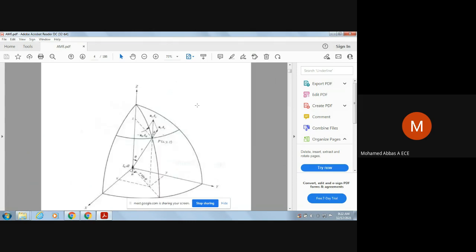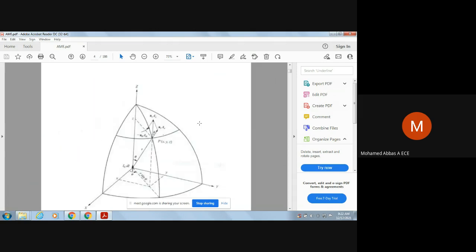Now we are going to analyze how the radiation will be from the Hertzian dipole. In order to analyze, we are going to work with the spherical coordinate system. You know what the spherical coordinates are: r, theta and phi.